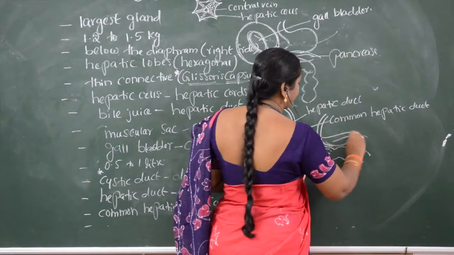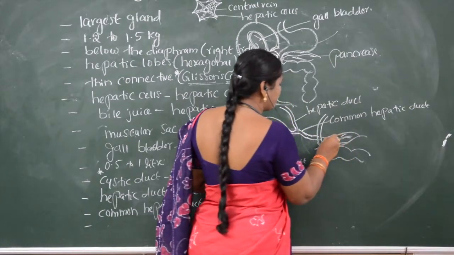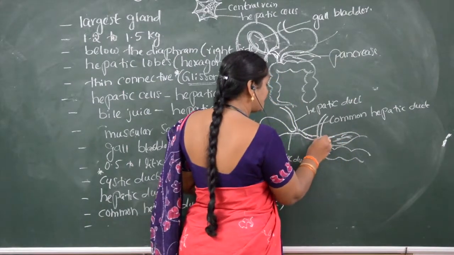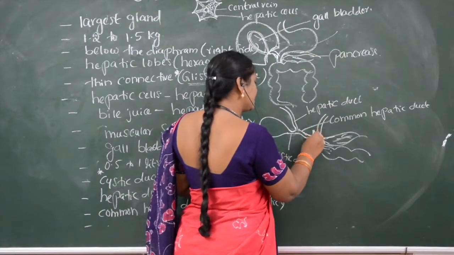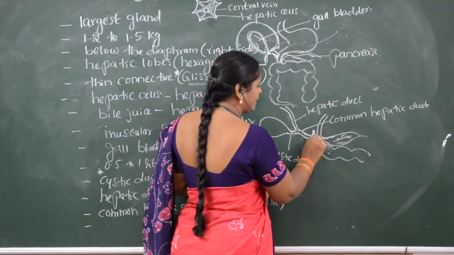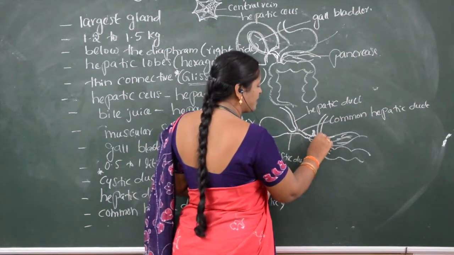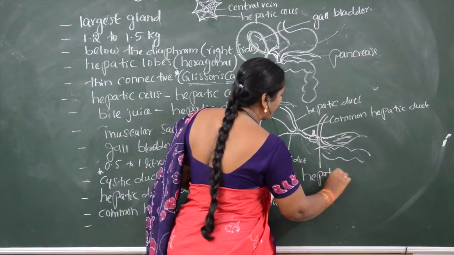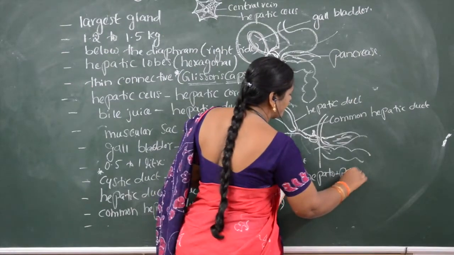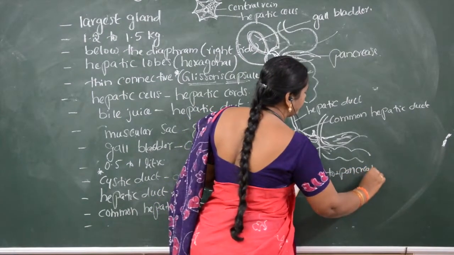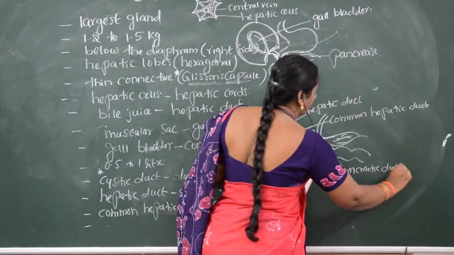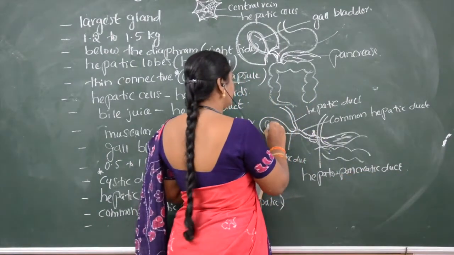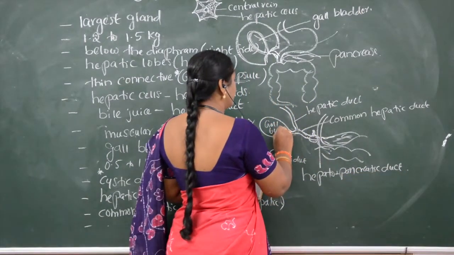Here the pancreas is present. Even this pancreas unites with these, and the total which enters into the duodenum we call the hepatopancreatic duct. This is the gallbladder.